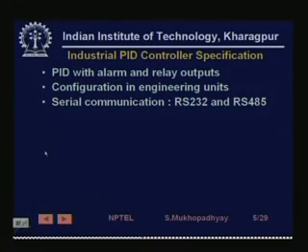Configuration in engineering units is very important, because generally the process control engineers are not electronics people, neither are they always experienced control engineers, they are generally plant engineers. So, they understand things in the domain of the process. So, it is important to be able to understand gains, times, outputs and inputs in terms of the engineering units of the process.